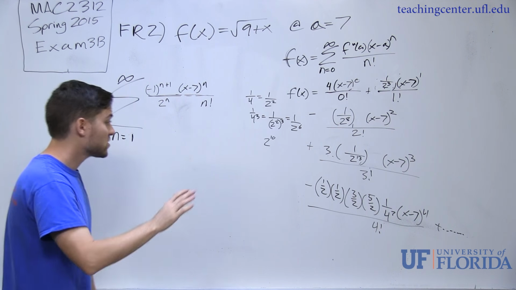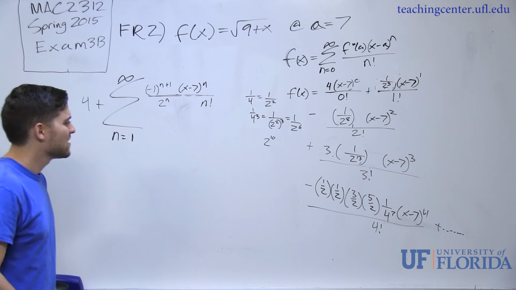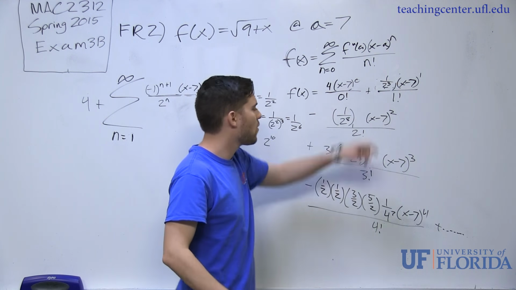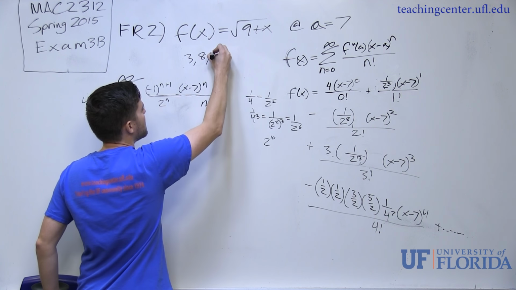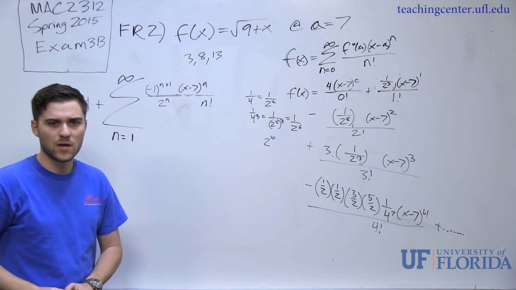Okay, so it looks like it's jumping by pretty big gaps in this case. And I'm not entirely sure how that's going to evolve, but let's see if we can figure out a pattern. So I'm going from 3 to 8 to 13. It looks like there's a gap of 5 in between.